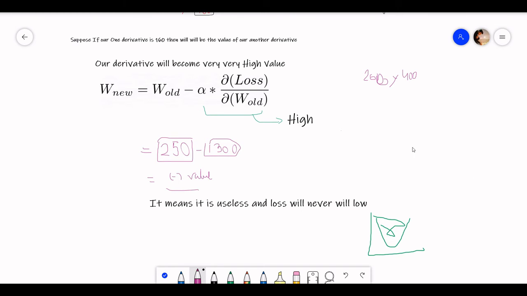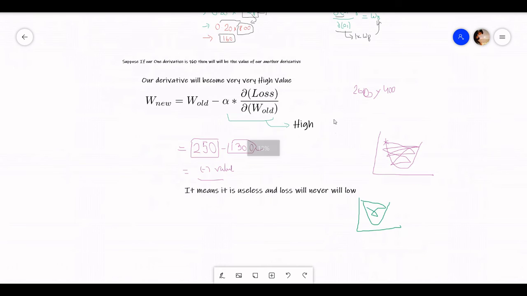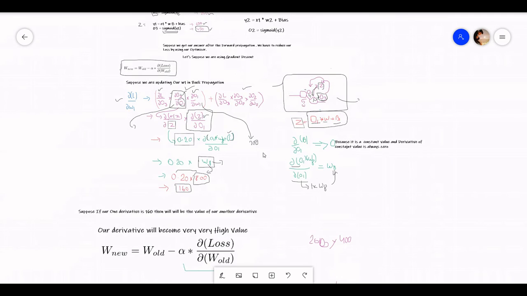So it simply means, in the gradient, suppose this is the initial weight, because of a big number of weights, it will never converge to our global minima. It will jump either here or there. It will never reach the global minima. So this is the main problem with big weights.